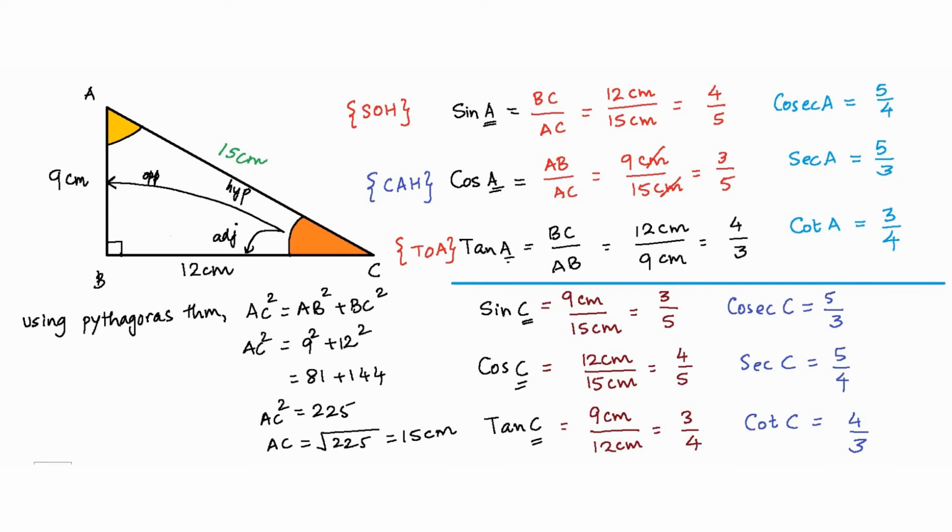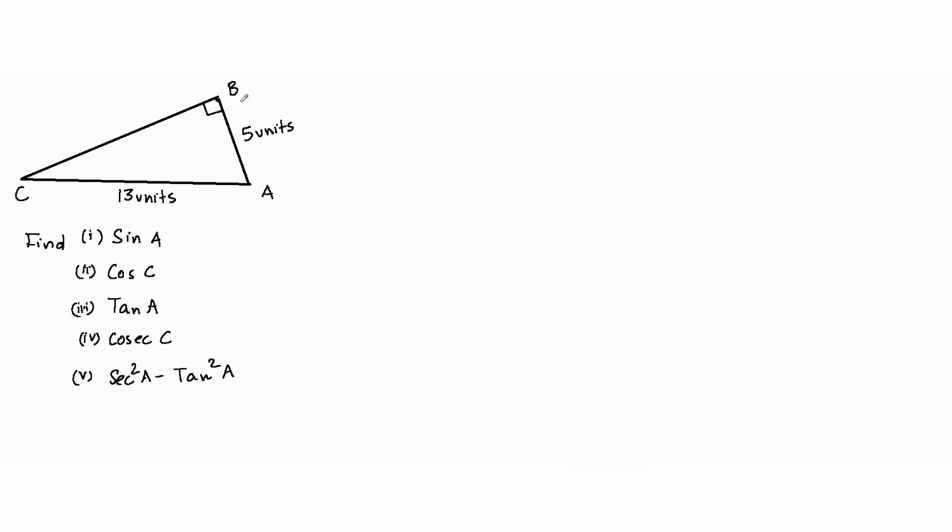So let's consider the following questions for trigonometry. Consider this right angle triangle where the measurements are given. Angle B is the right angled vertex. We know that the hypotenuse is 13 and one of its sides is 5. So using Pythagoras theorem, you can definitely find the side BC.